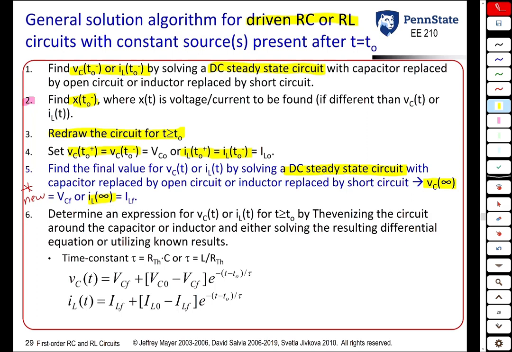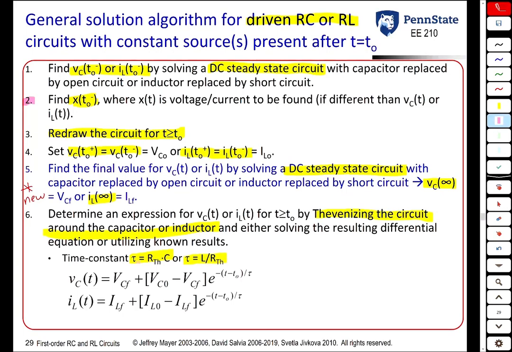Probably the easiest way to find the time constant, just like the source-free case, is to Thevenize the circuit around the capacitor or the inductor to find R Thevenin and then set the time constant equal to the capacitor times R Thevenin or the inductor divided by R Thevenin.